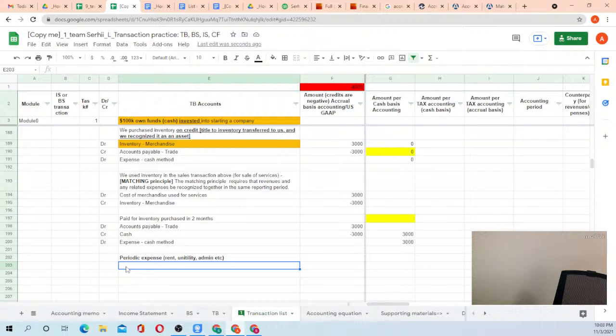Let's say we paid utility for current and next month.